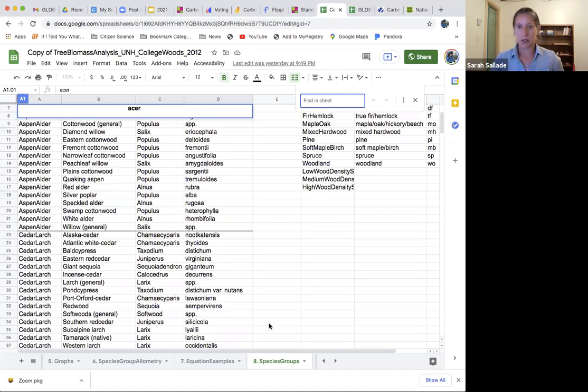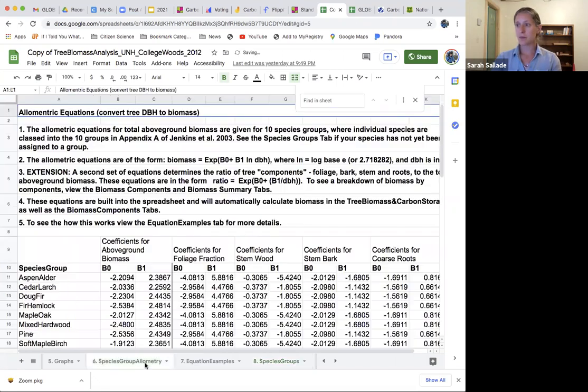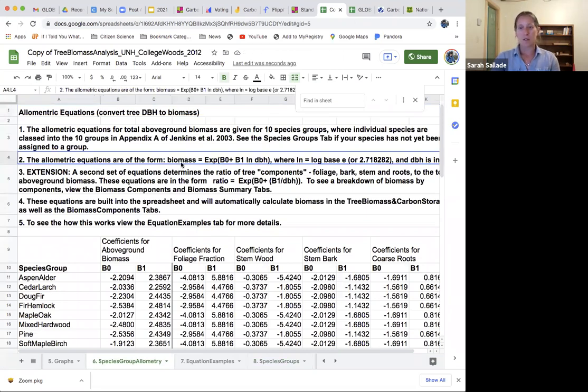So once you know a bit about the species groups, you can check out the species group allometry. Tab 6. And here's where the actual equations are. So right here, you can see the form of allometric equations that make up that exponential graph of biomass equals the exponent of coefficient B0 plus B1 times the natural log of the DBH.